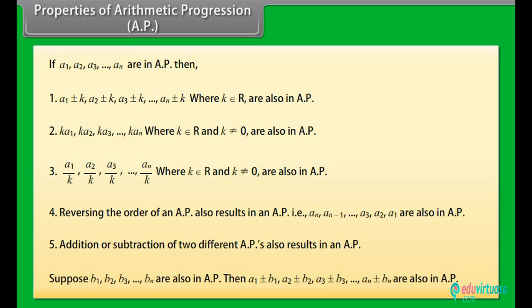Then A1 plus or minus B1, A2 plus or minus B2, A3 plus or minus B3, up to An plus or minus Bn are also in AP.